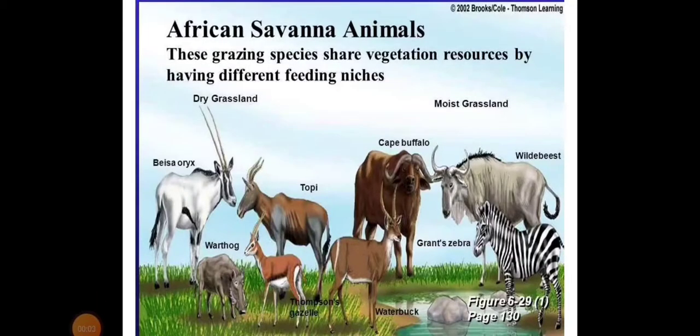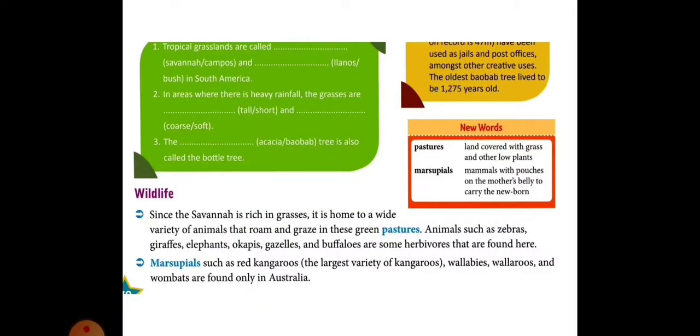Now let us look at the wildlife of the savanna and the temperate grasslands. We find large species of animals in this region. Grass-eating herbivores like zebras, elephants, okapis, gazelles, buffaloes are found in this region. Carnivores such as lion, cheetah, leopards and wild dogs. Marsupials like the kangaroos, wallabies, wallaroos are found in Australia.